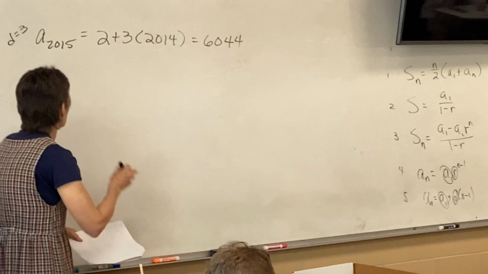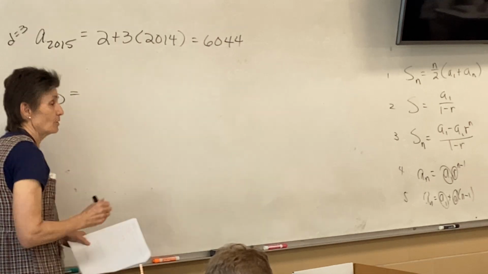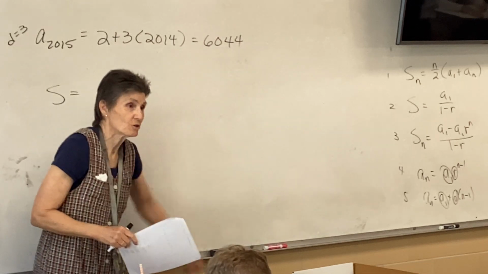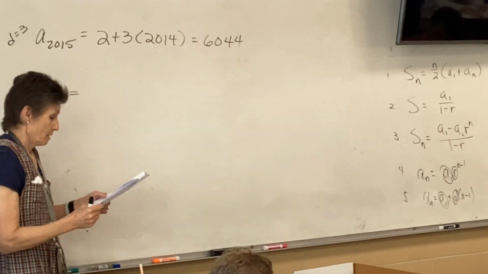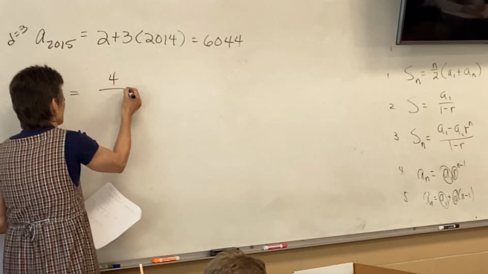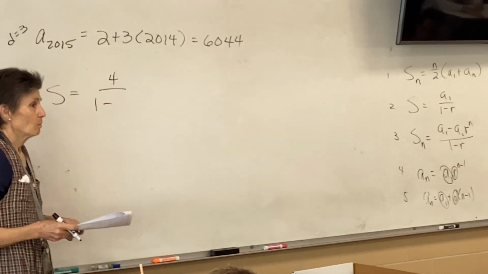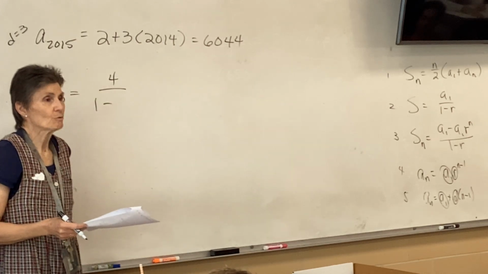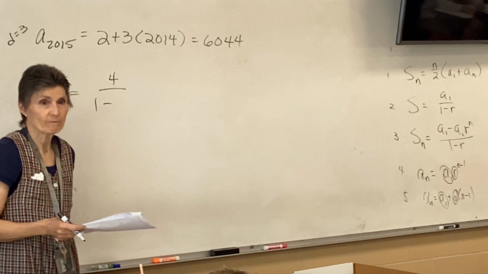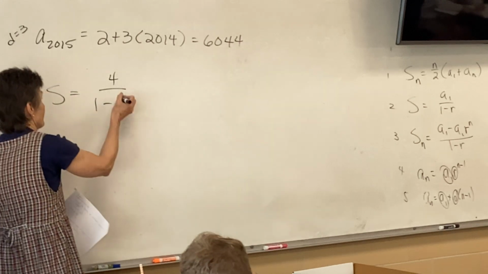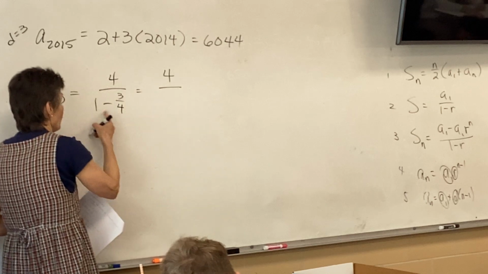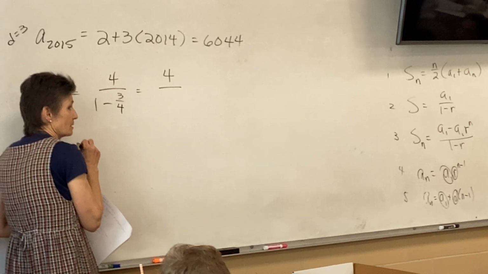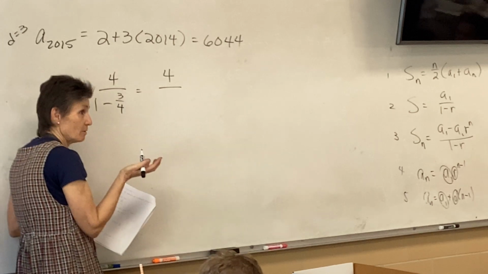All right, B. You only have one option. This is equation 2. S. First term is 4. What are you multiplying by? What's your ratio? 3/4. 1 minus 3/4 is 1/4.